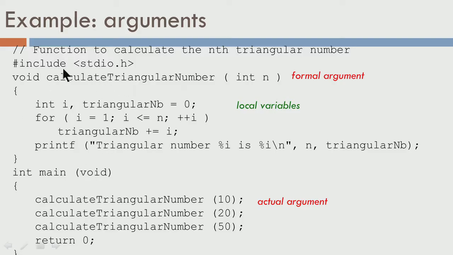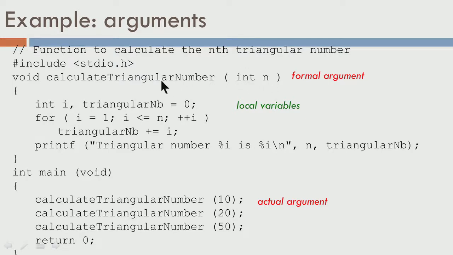This program is actually missing the function prototype, sorry about that. There should have been a function prototype which says void calculate triangular number of int. Anyway, we have a function call, calculate triangular number of 10. This 10 is an actual argument, because in the caller you have the value 10. This is the formal argument, we call it by the name n.